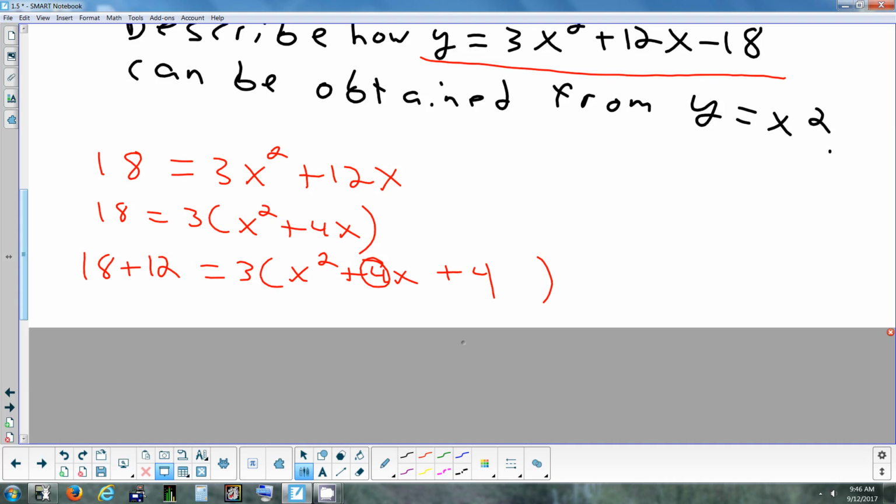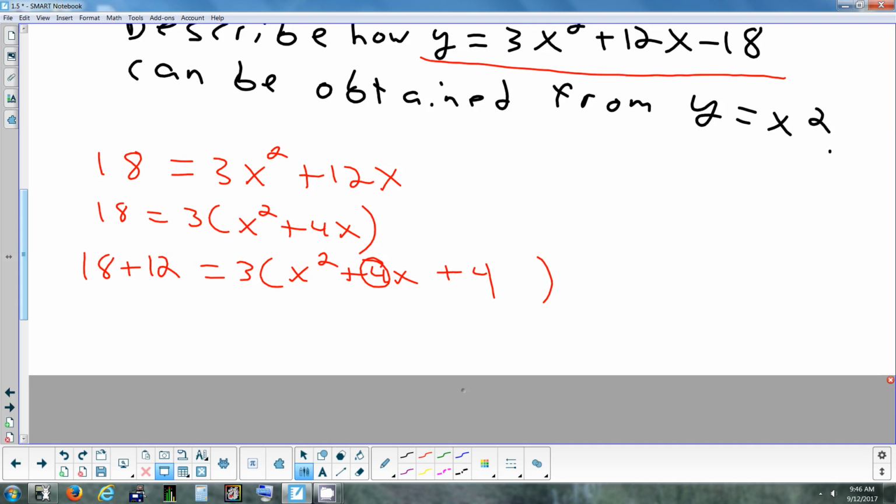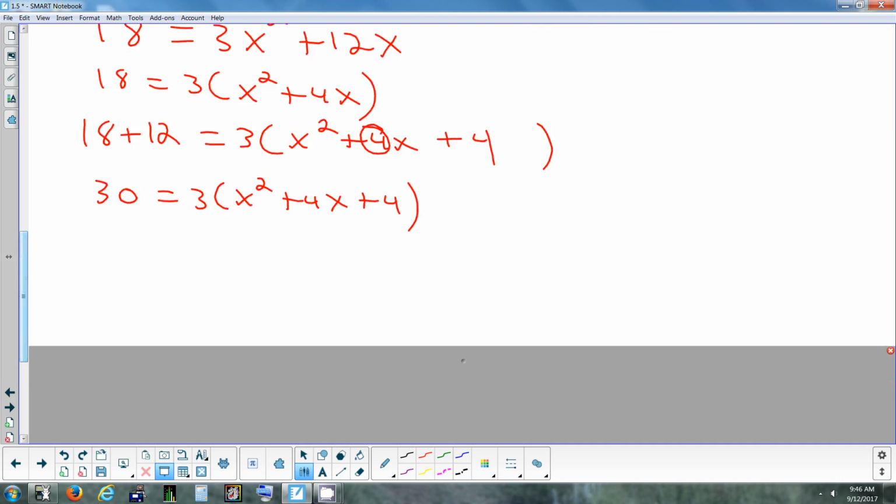So by putting a +4 on the inside, I really added 12 on the right. So to balance it, I put 12 on the left. So now I get 30 equals 3 times (x squared plus 4x plus 4). And x squared plus 4x plus 4 should now factor very nicely.